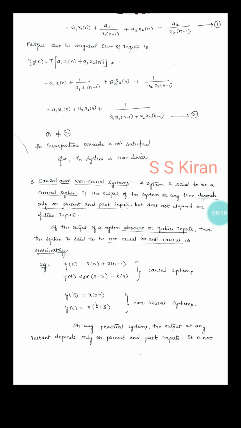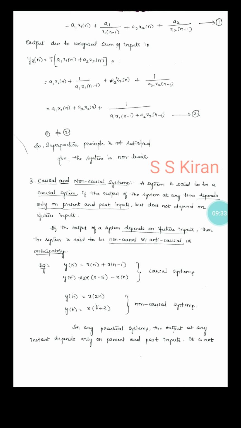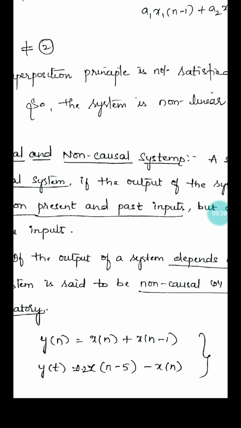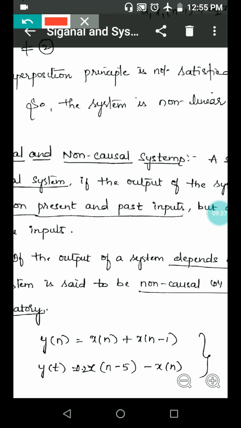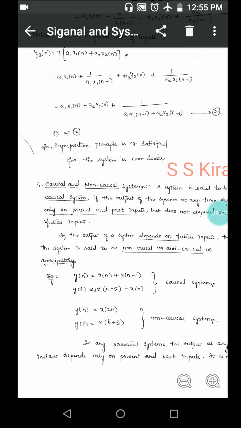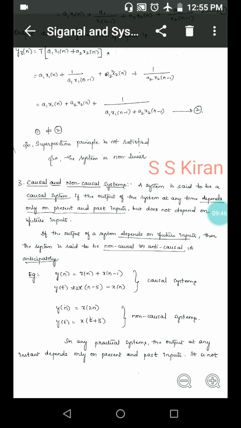Third one, causality: a causal system or a non-causal system. A system is said to be a causal system if the output of the system at any time, very important, any time, depends on the present and past inputs. Underline: present and past inputs, but it does not depend on future inputs.